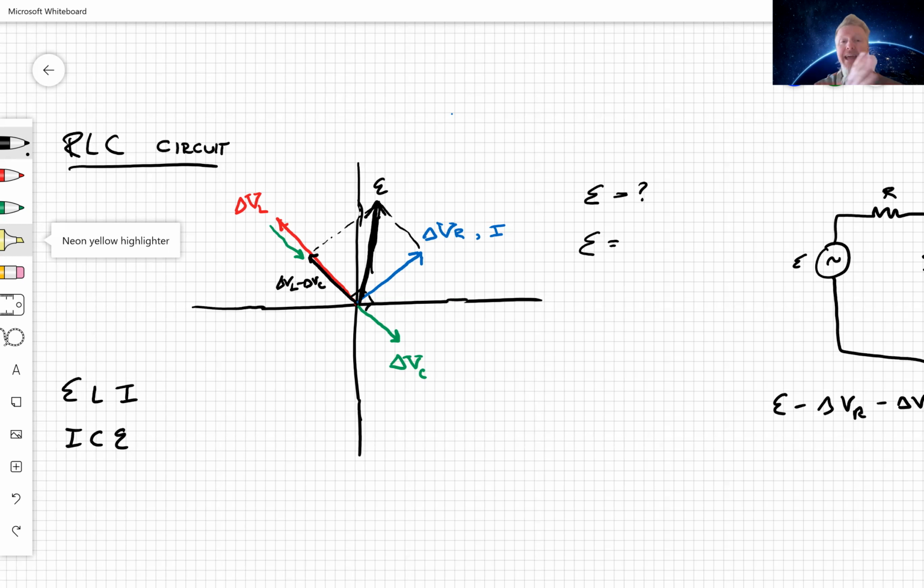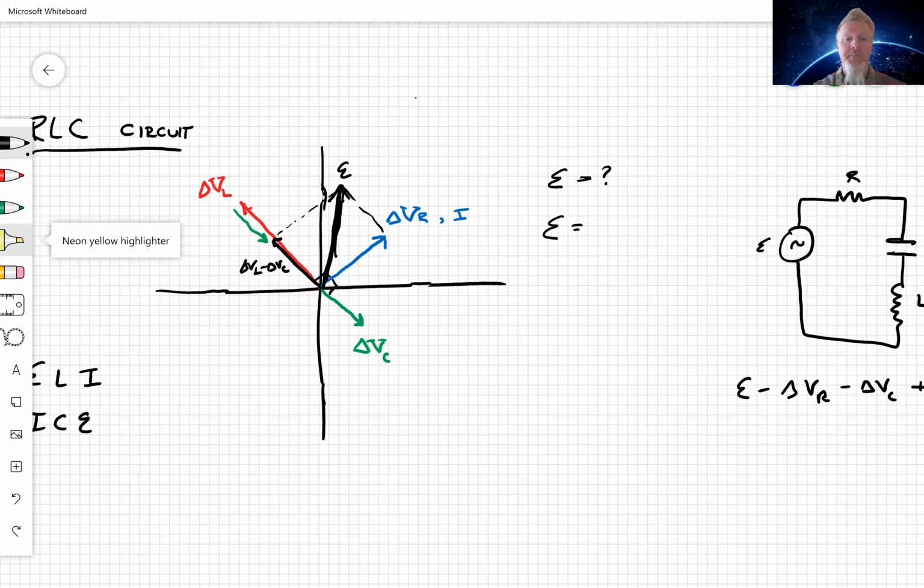These voltages have to add up to give me the voltage of the source. All sorts of fun things happen because there's an angle here between the voltage of the source and the current in the system, because of the way that the capacitor and the inductor are kind of blocking and assisting the current.